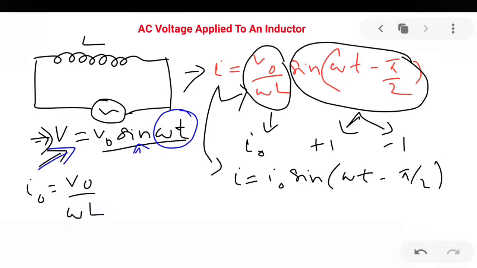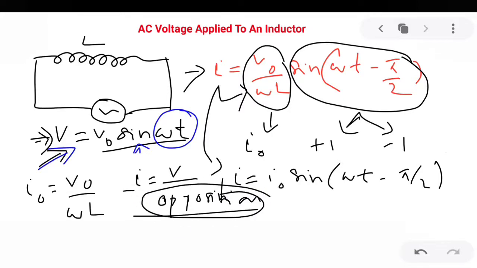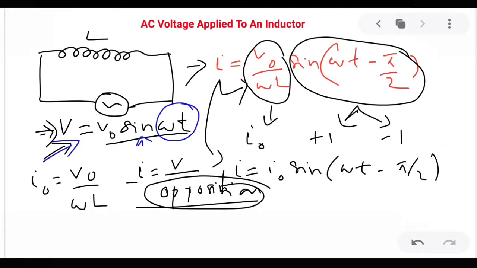Where we have written I naught is equal to V naught by omega L. Now see, from Ohm's law we know that current equals voltage divided by a term which stands for opposition to the flow of current. So in a capacitive circuit we had the term capacitive reactance, which was opposing the alternating current.